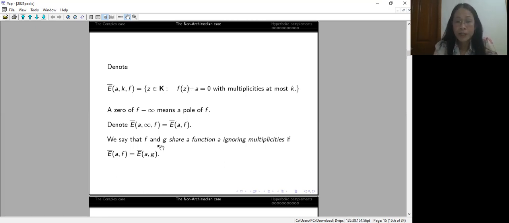And the question is, if we have two non-constant meromorphic functions f and g that share a point, ignoring multiplicity, that means E bar a of f equals E bar a of g, what can we say about f and g?